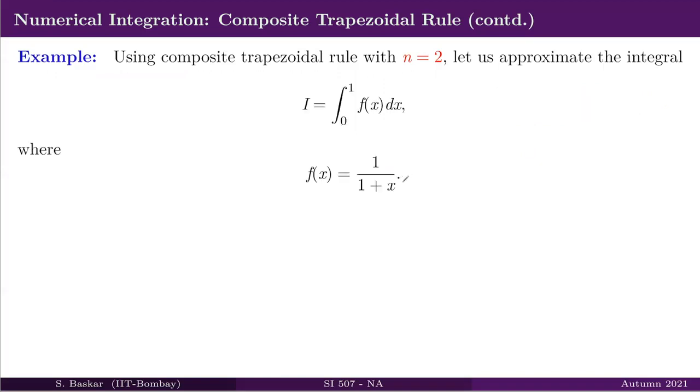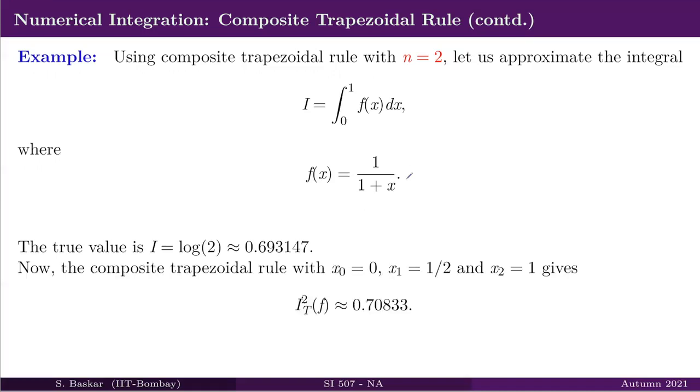Let us consider the same integral as we considered in the last example, that is the integral from 0 to 1 of dx by 1 plus x. If you recall, the exact value of this integral is 0.693149. And let us apply the composite trapezoidal rule with the nodes x0 equal to 0, x1 equal to 1 by 2, and x2 equal to 1.